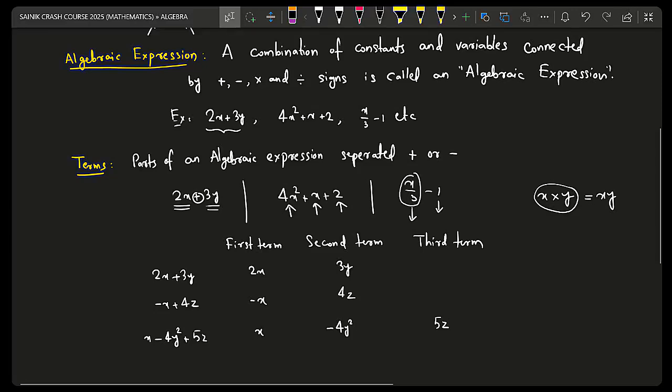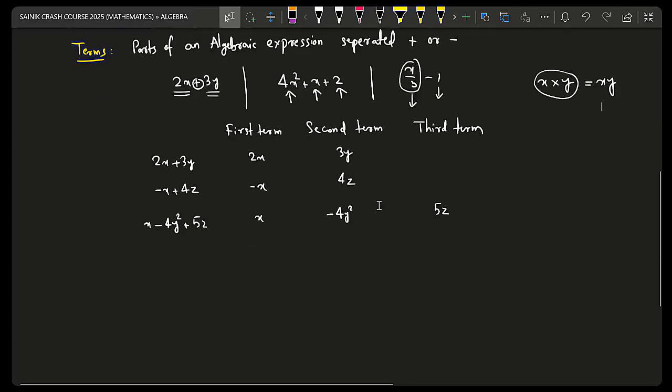So we are going to continue after terms. Now we are going to discuss what is the coefficient of a term. What do you mean by coefficient?